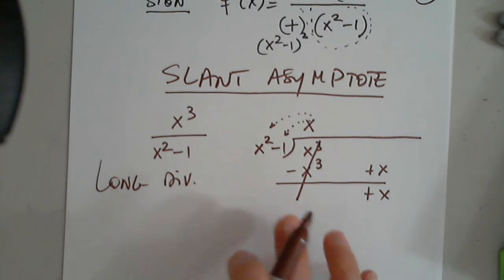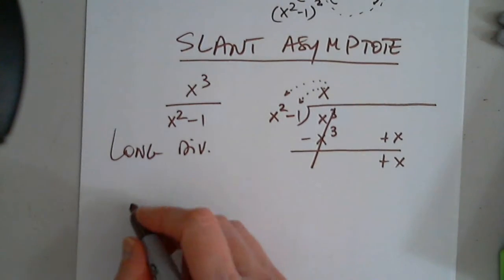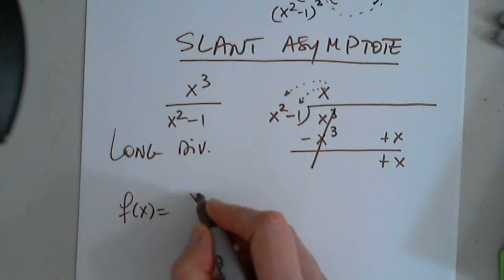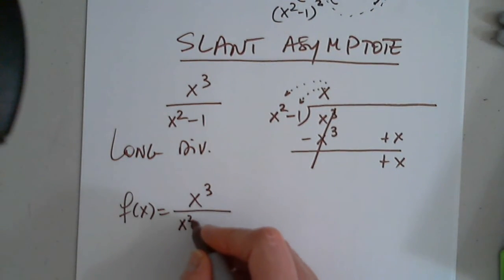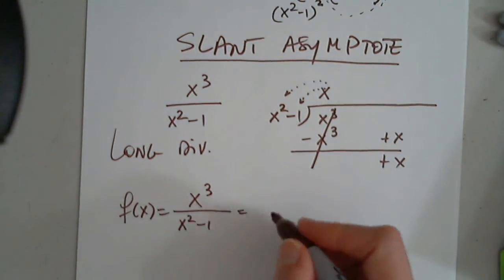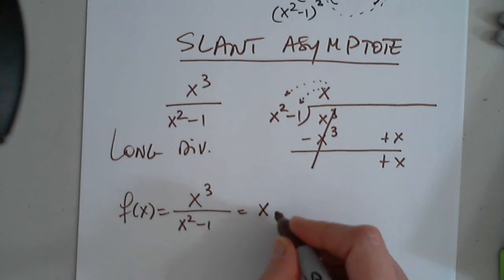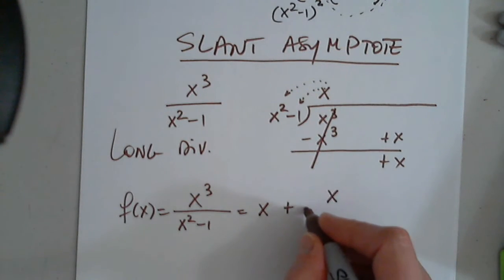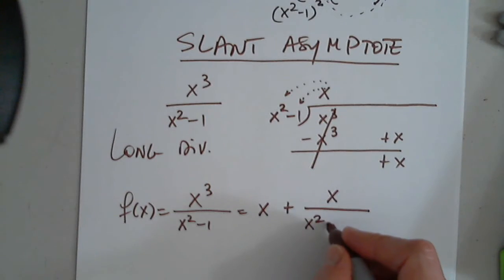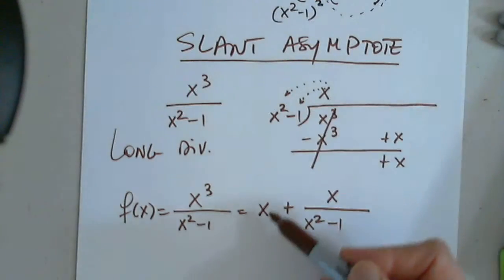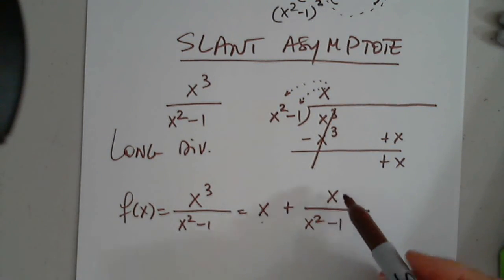And that's it, because I cannot continue. So then the function that was initially x cubed over x squared minus 1 can be written as x plus x over x squared minus 1. X is the quotient, x is the remainder.